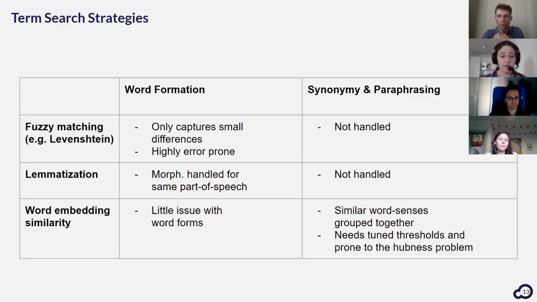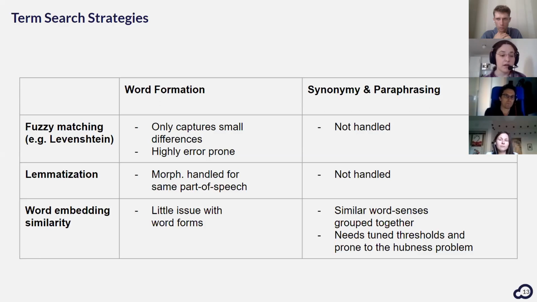So we lemmatize the glossary, we lemmatize the source sentence, and then we make an exact string match between the lemmas. This is pretty nice for tackling the word formation problem, because lemmatization will reduce words of the same part of speech into the same form. It still doesn't handle synonymy and paraphrasing though.